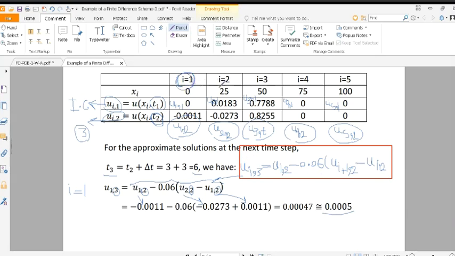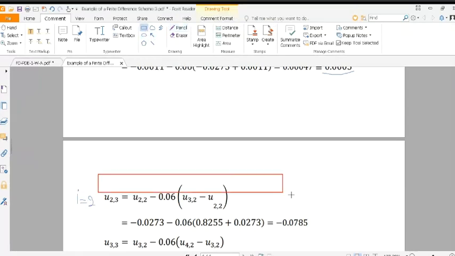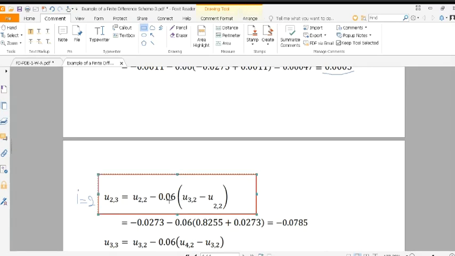We go to the next i and put i equals 2. Then u(2,3) equals u(2,2) minus 0.06 times u(3,2) minus u(2,2). The values of u(2,2) and u(3,2) are all known, so it is sufficient to replace them in this equation.